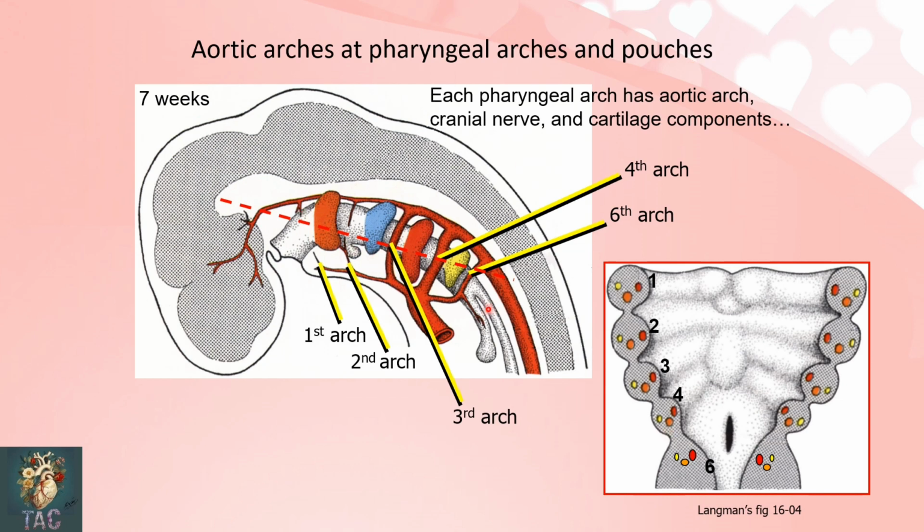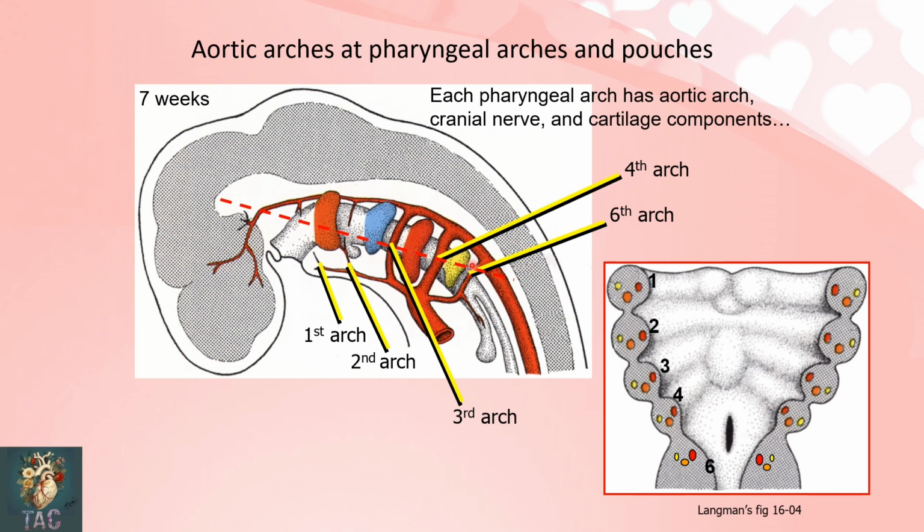These are the longitudinal section, and these are the cross section of the pharyngeal arches and the pharyngeal pouches. These are just like gills of the fish, which are modified in human beings. We will study these pharyngeal arches and pouches and their development in the head and neck region.